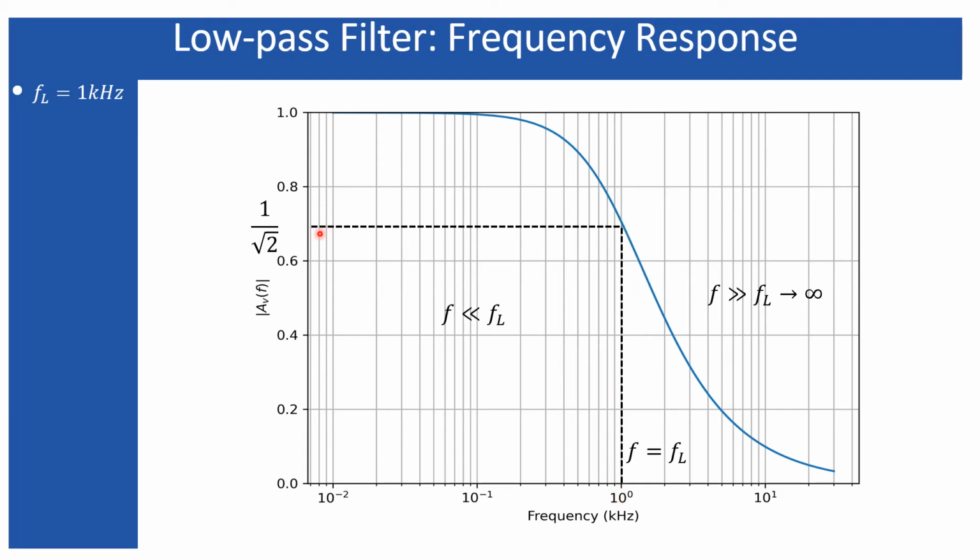At cutoff frequency, the output voltage goes to 1 over root 2 of the input voltage, or the gain goes to 1 over root 2. And as you move beyond the cutoff frequency, when f becomes greater than fL, the output decreases further, as shown over here.